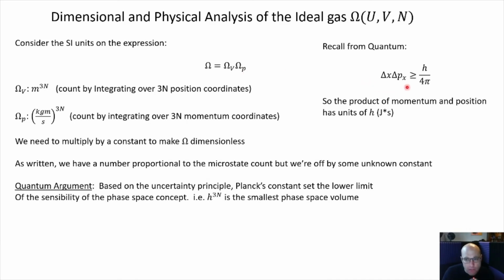And in particular, there's a physical interpretation to thinking about this, which is that h sort of represents the smallest phase space, or let's say h cubed, I should say. H cubed is the smallest phase space volume for a given atom. And so, you know, for all the n atoms, the smallest volume that makes sense is h to the 3n, where volume is sort of reckoned in the same units as this. Okay?